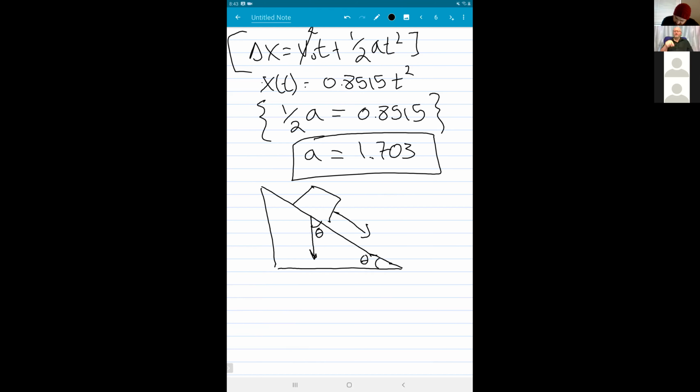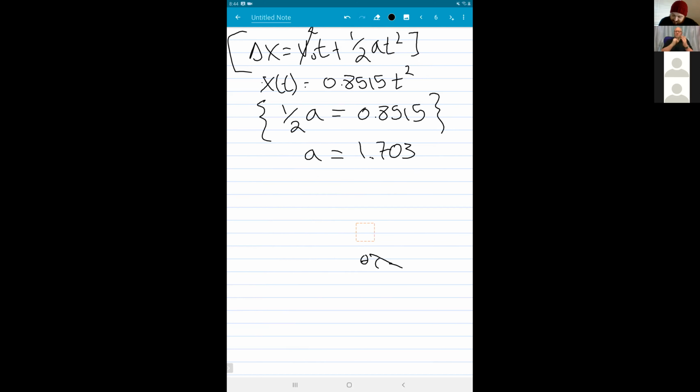So this right here would be mg, and then the bottom of this triangle will be the normal force, so on. Oops, I drew my angle in the wrong spot.